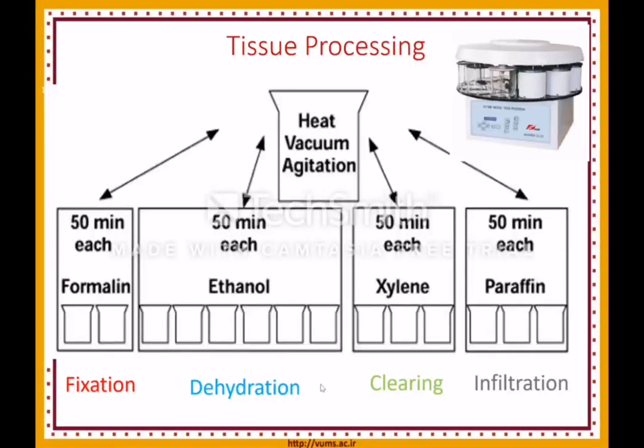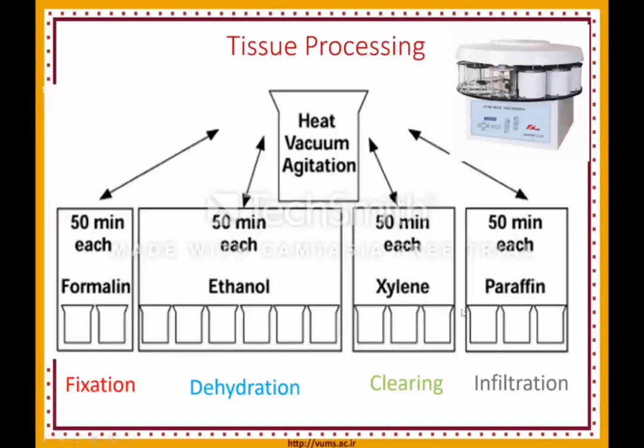Why? Because for preparing a very thin section, we need to cut the specimen at 5 to 10 micrometers. For this goal, we need to infiltrate tissue and cells with paraffin.